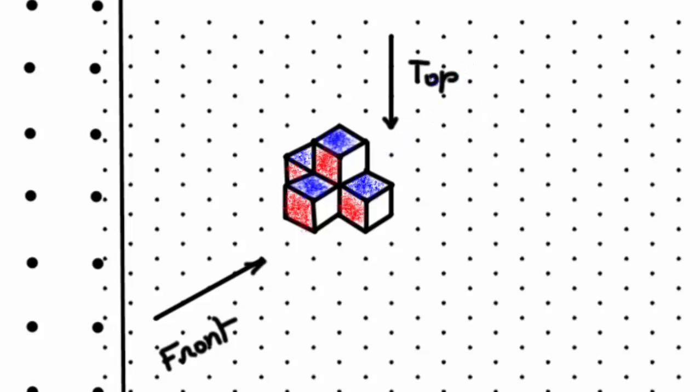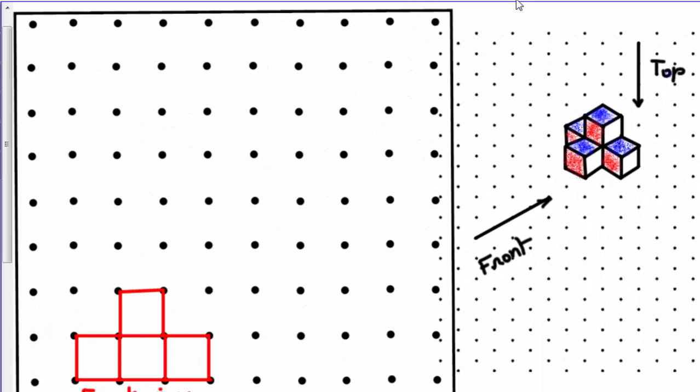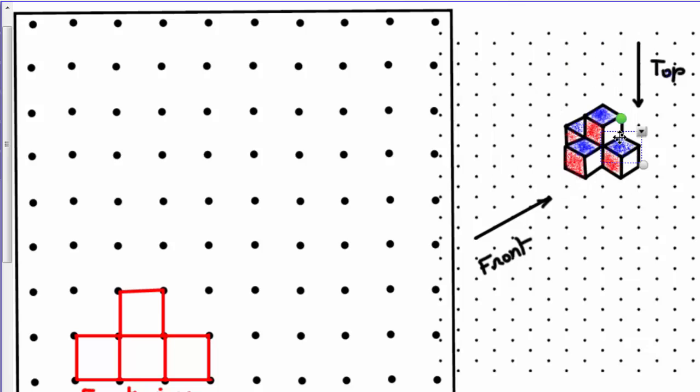In this case, to draw it on the paper, the 2-dimensional paper, I will choose the blue color, and I'm going to check how I can draw these 4 faces.